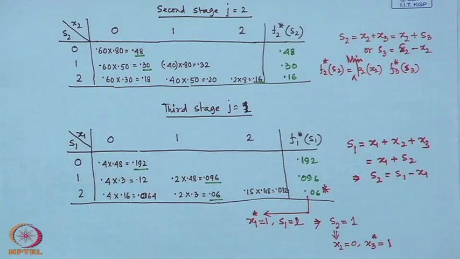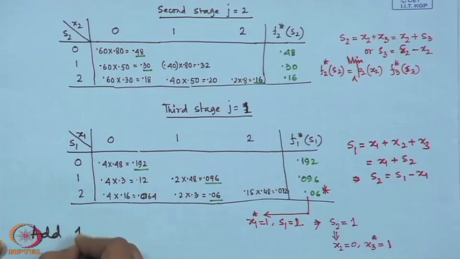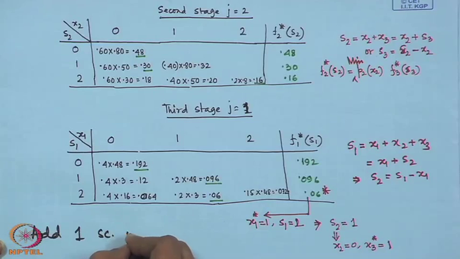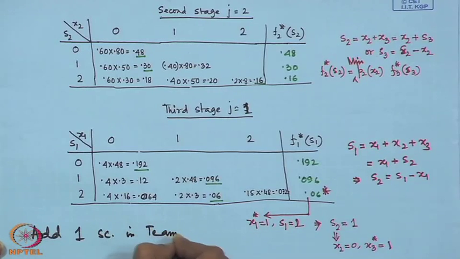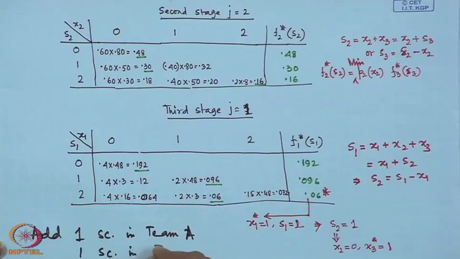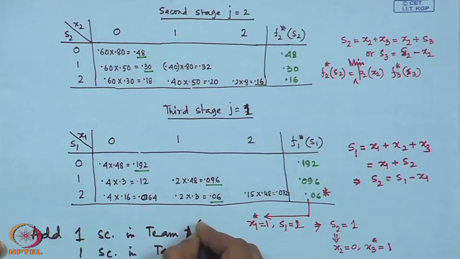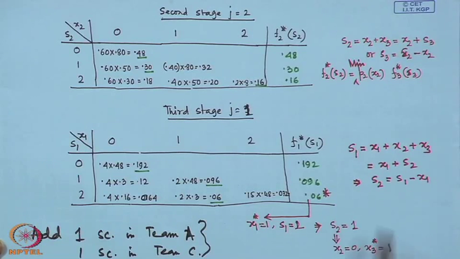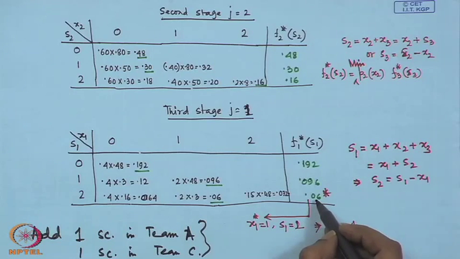That means the conclusion says that add one scientist in team A and one scientist in team C, no inclusion in team B, then the probability value, that is the joint probability of failure, will reduce from 0.192 to 0.06, and that is the beauty of the dynamic programming technique.